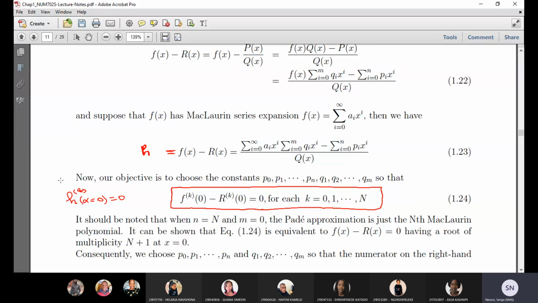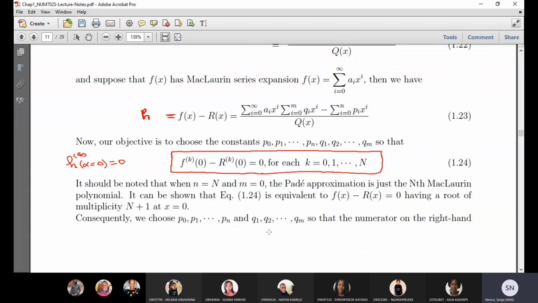And that's exactly what we have here. This is a root of multiplicity n plus 1, right? So that's why I went back to multiplicity and explained what this means. I hope it is clear now for everybody.